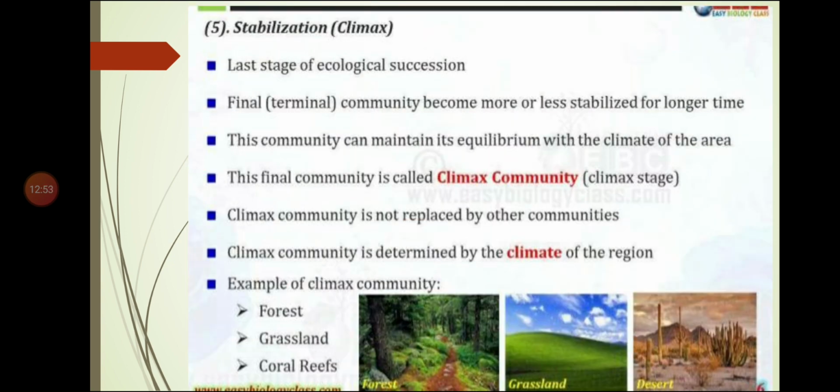Next and the last step is stabilization. Stabilization means the formation of climax community. It is the final stable climax community, and whenever the climax community is formed, it will be a very stable community. As in the example I gave, when buildings are set up and human beings are staying in them, we cannot replace those human beings with other animals now.